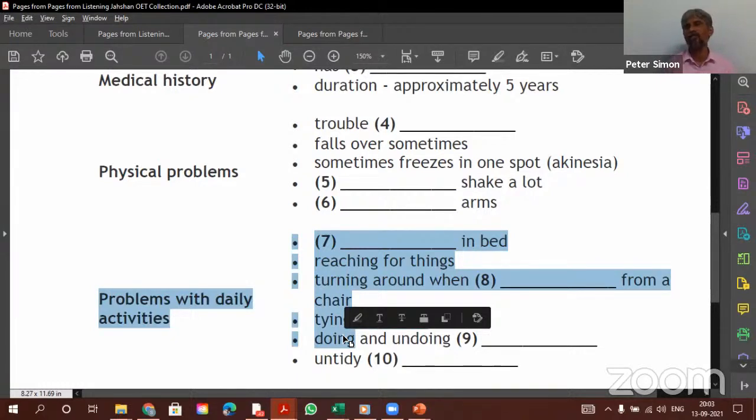Listening comprehension is almost the same as reading comprehension. Here you use your ears, there you use your eyes. That's all.